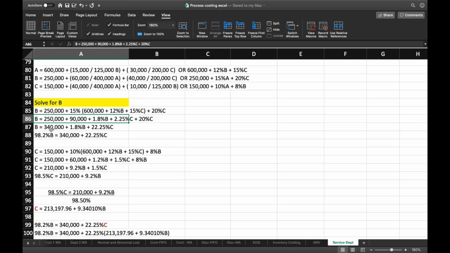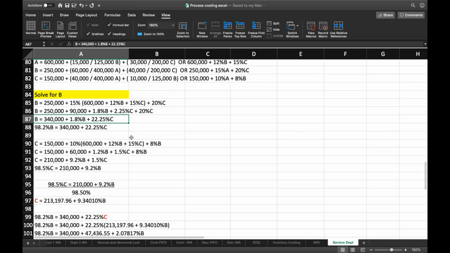And then combine similar terms. So 250 plus 90 is 340, plus 1.8% B, plus 22.25% C, that's 2.25 plus 20% C. Okay, combine again, transfer 1.8% B to the left, and we will get 98.2%. That's a deduction because this one is positive.